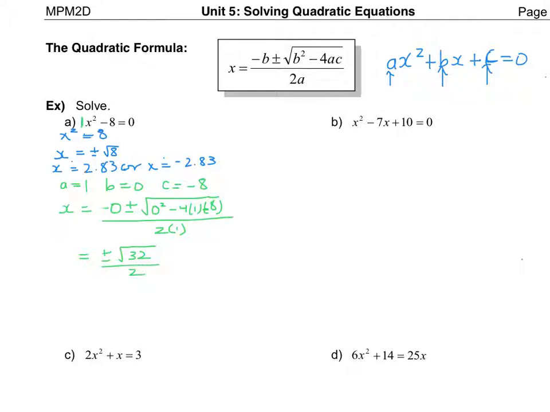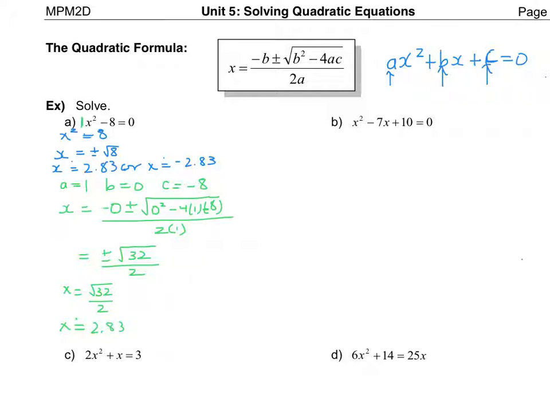That looks a little different, but if we break it down into pieces, we get the square root of 32 divided by 2. Putting that into my calculator, the square root of 32 is 5.656854249, and then I divide by 2. Look at that, it's equal to 2.83.